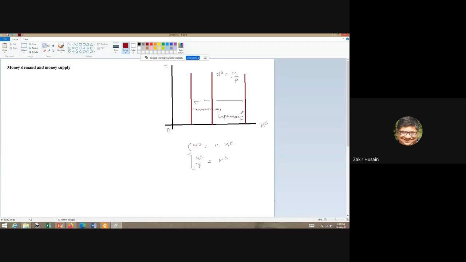So you have a fixed supply of money at a particular point of time, but the Reserve Bank has the option, as you will see later on, of increasing or decreasing the money supply.